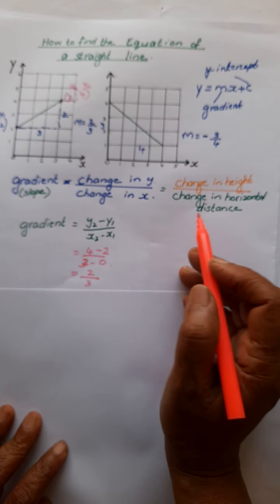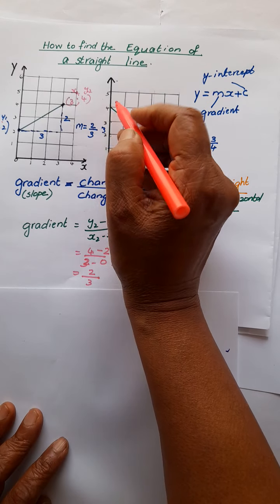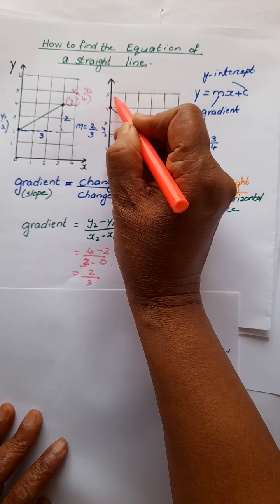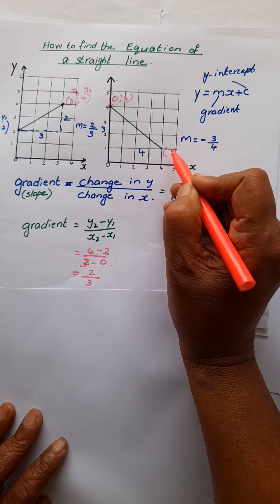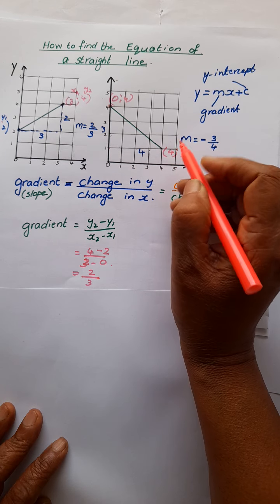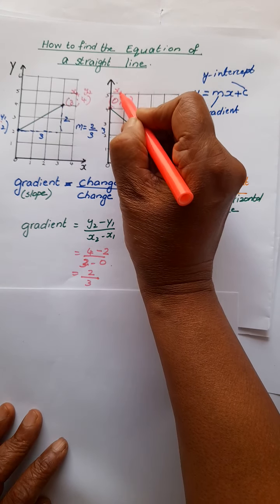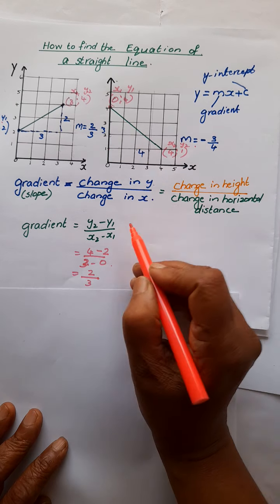And in this one here, the first point is 0, 4, and the second point is 4, 1. So let's say this is x1, y1, and this one is x2, y2.